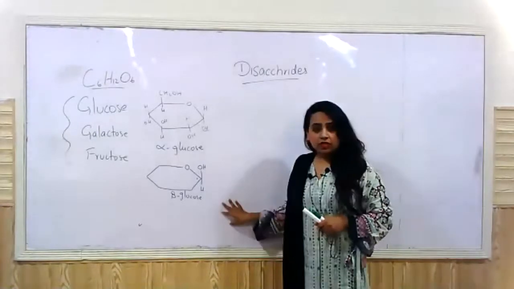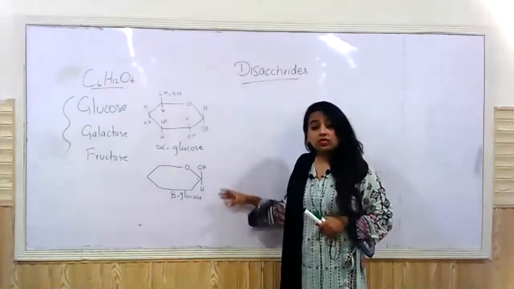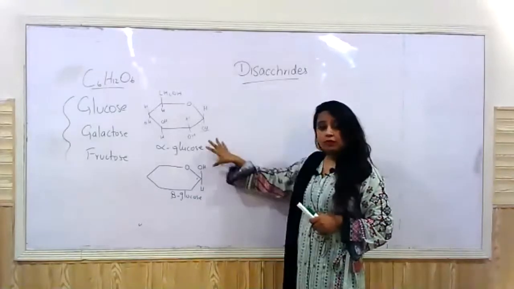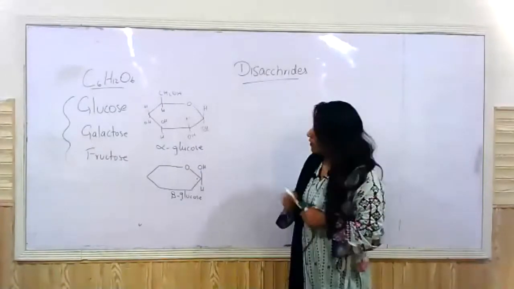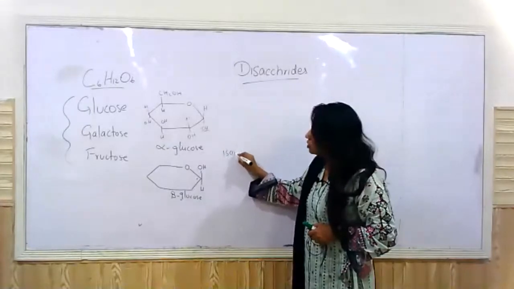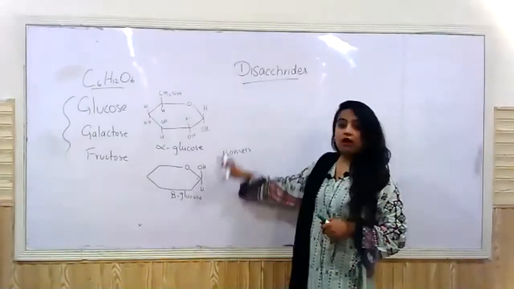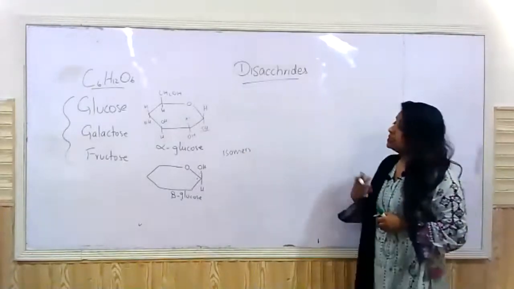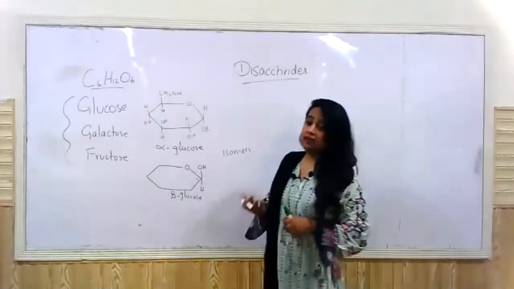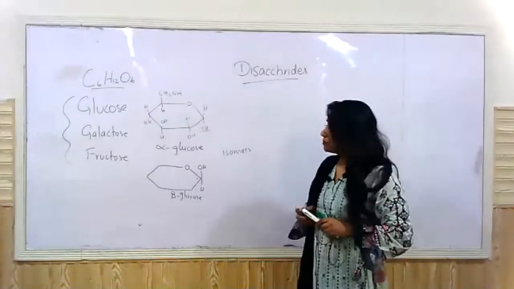They'll both have the same properties, like they're both water soluble, they're both monosaccharides, they're both sweet in taste. So because they're practically the same molecule with different arrangement, we use a term for them. They're both called isomers of each other. Alpha glucose and beta glucose are isomers of each other, just the way they form bonds in disaccharides and polysaccharides is different. Rest, they have all the same chemical properties, right?